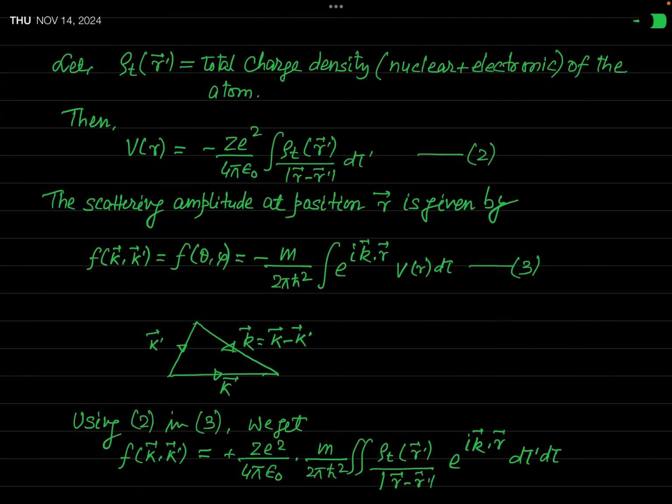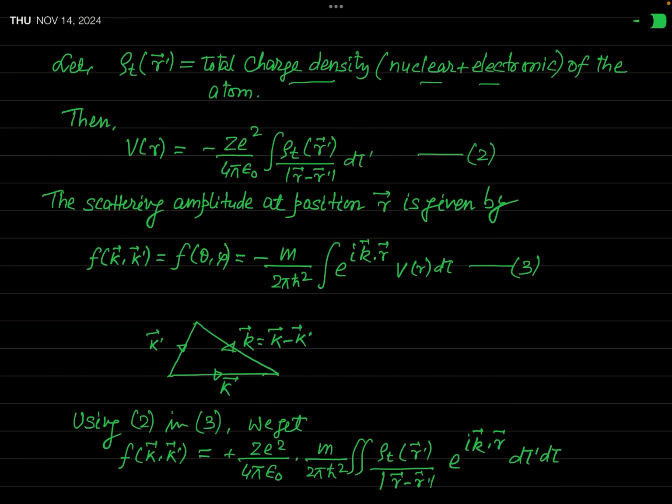Now, after knowing this expression for the potential, we want to express this potential field in terms of the total charge density. When you talk about the total charge density, that means the charge density of nuclear plus electronic charge.